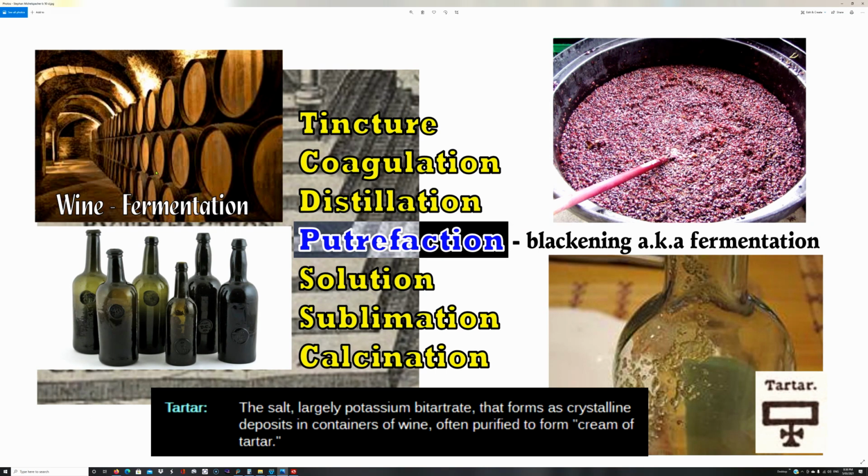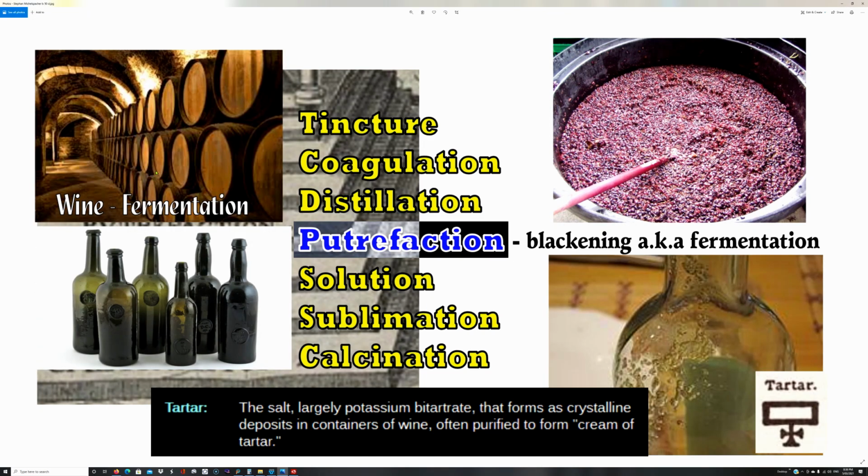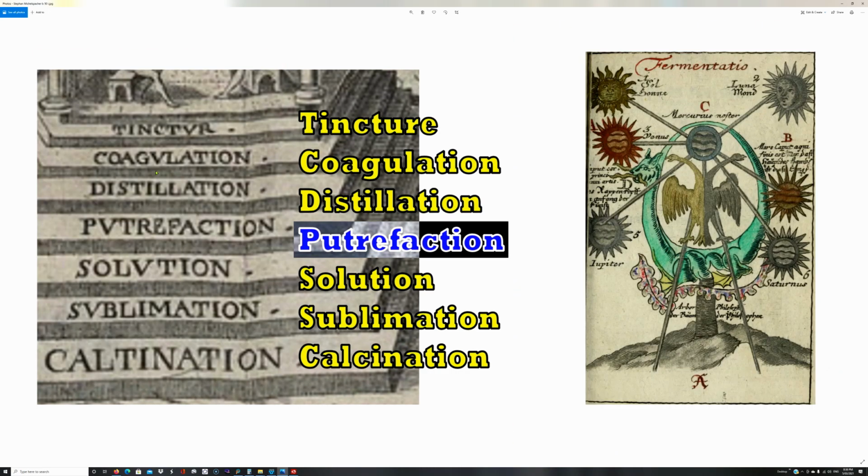Now also a symbol was tartar, but anyway, that's beer, wine, Dionysus connection with that type of stuff, but fermentation or putrefaction.